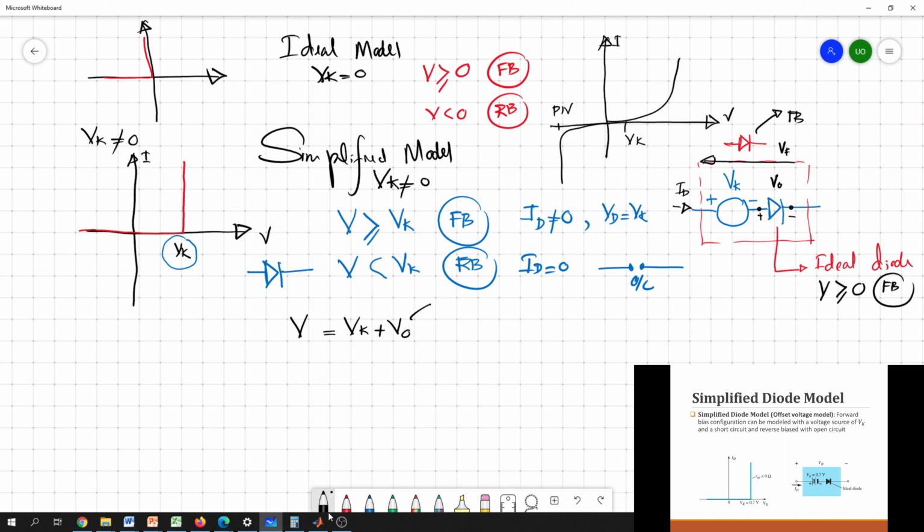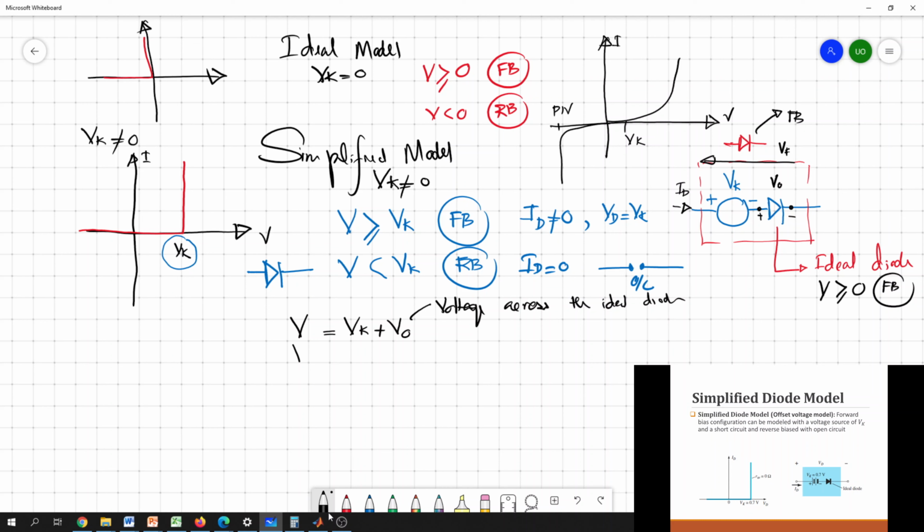This is the voltage across the ideal diode. To make this entire block conductive, this ideal diode should be forward biased.